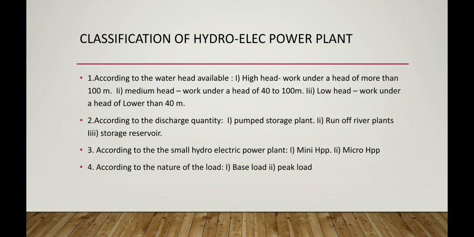The last type is according to the nature of the load, that is, base load and peak load power plants. So this is the general classification in detail for the hydroelectric power plant.